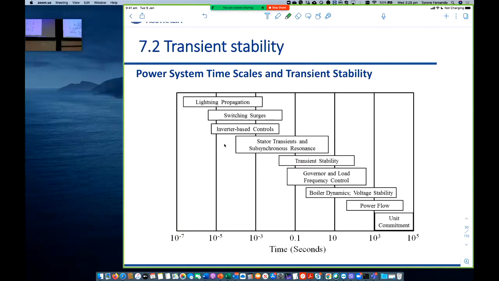All of a sudden, imagine the load changes. So when load changes, the generation has to be adjusted to meet the demand. Then the operating point will move from the original steady state to a different steady state. The time in between those two operating points is the transient period.